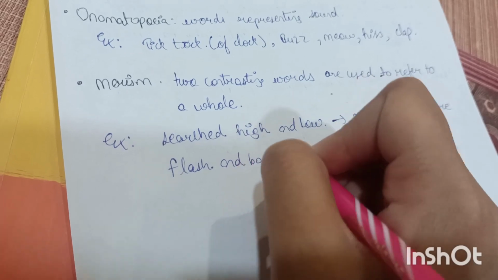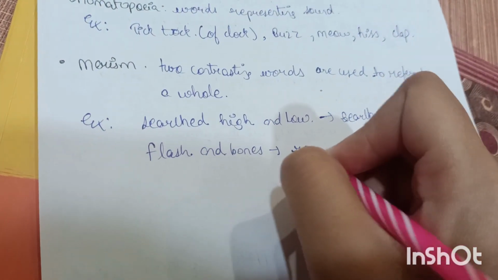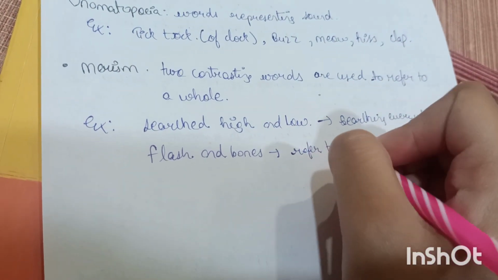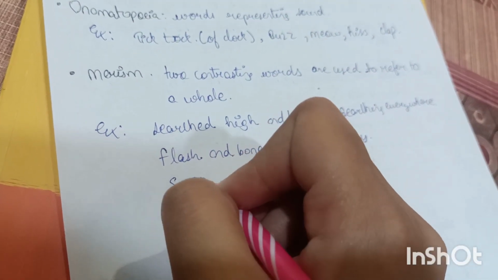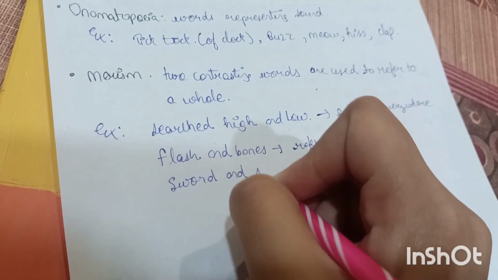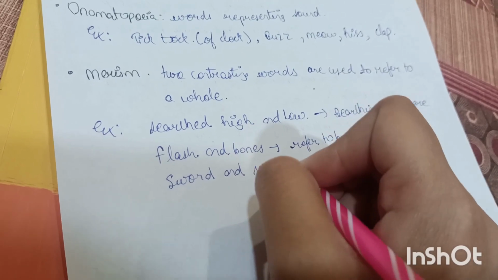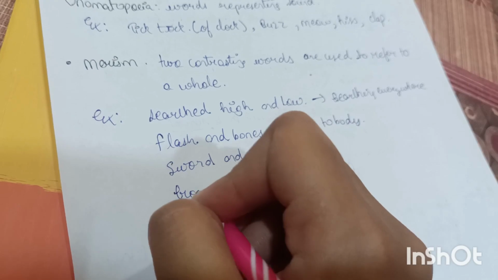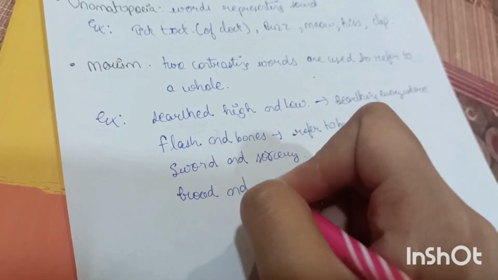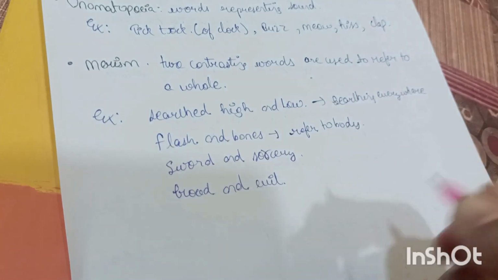So what does this refer to? This refers to our body. Okay, and you can write sword and sorcery. Okay, and you can write good and evil. Okay, so these are the examples for this.